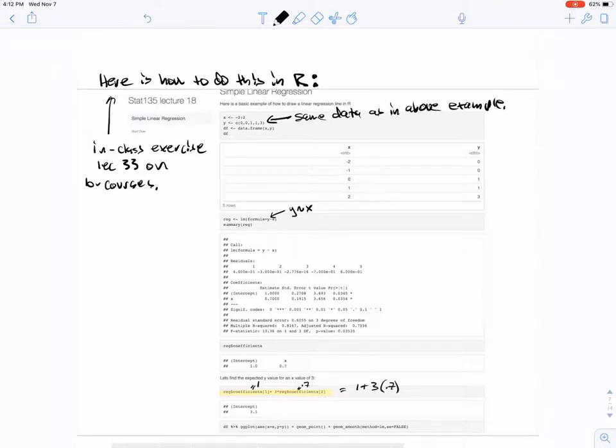If you look at the coefficients of reg, so reg $ coefficients will give you beta 0 hat and beta 1 hat, and you can use this to predict, for example, what y hat will be when x is 3, using the equation highlighted there. So for example, reg $ coefficients 2 is 0.7 because 0.7 is beta 1 hat.